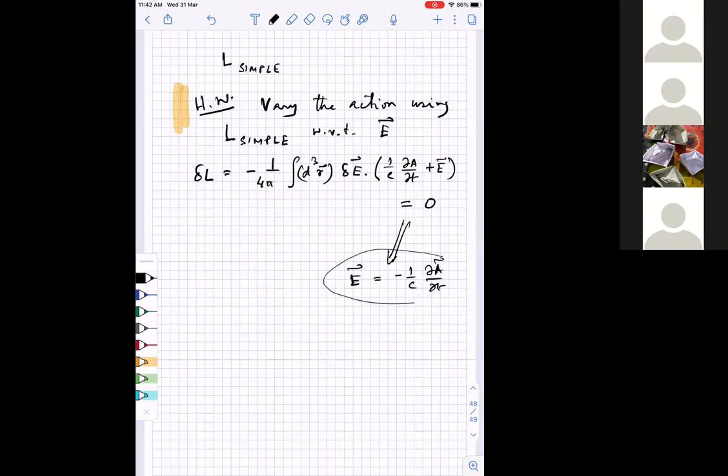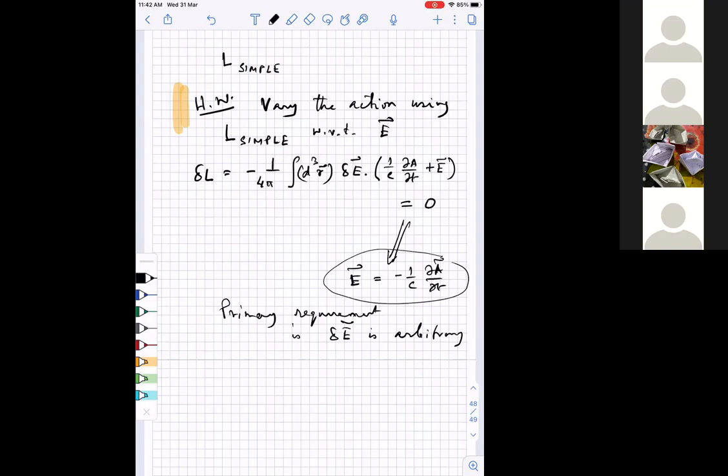To get this, remember, what is your primary requirement? Our primary requirement is that delta E is arbitrary, right? So this whole part is equal to 0. I can only equate the second part, 1 by c del A del t plus E, equal to 0, if the first part, delta E, is arbitrary.